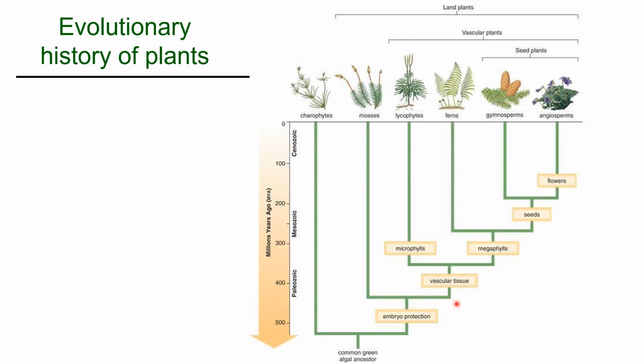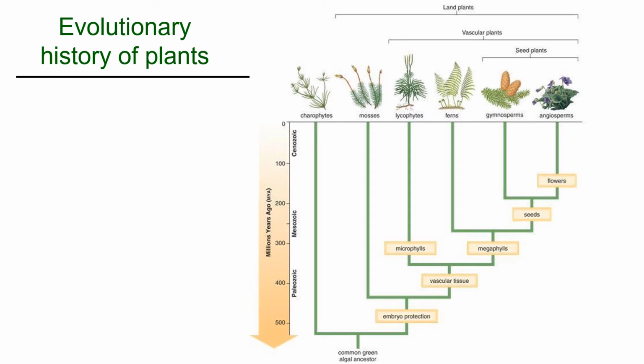Through time, vascular tissues developed that separated out the mosses from all the rest of the plant groups. Then megaphylls, or the larger, more complex leaves, developed that separates the ferns out from the lycophytes. Ultimately, we get to the place where we have seeds, seed plants.